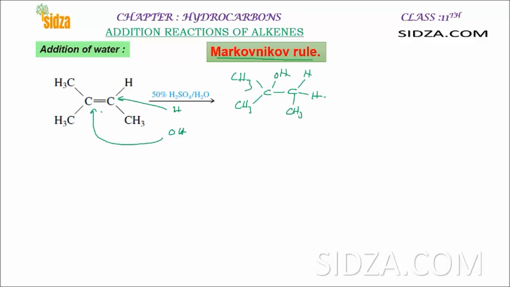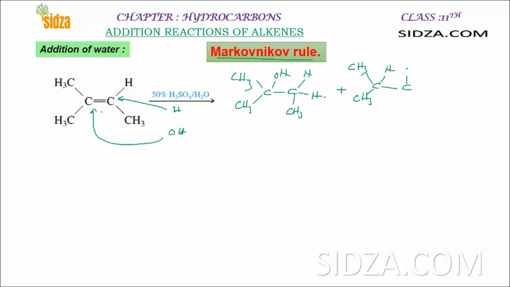There will be an anti-Markovnikov addition also, but that compound will always be a minor product, and the minor product can be written like this, where the addition is anti-Markovnikov. Here in this case, the carbon with less number of hydrogen atoms gets a hydrogen, right?